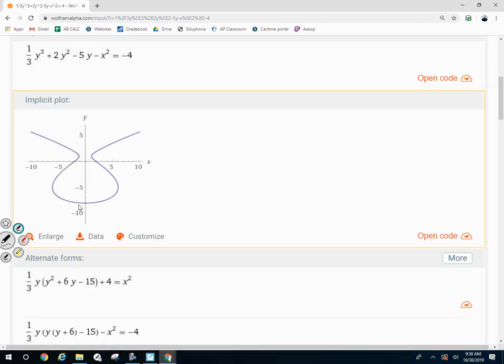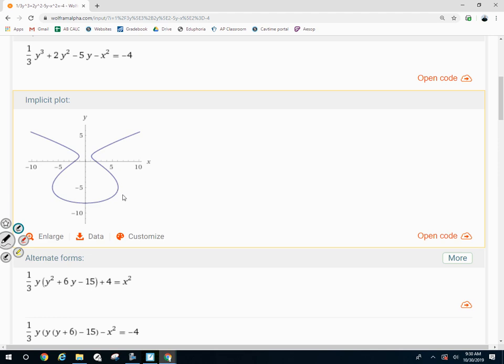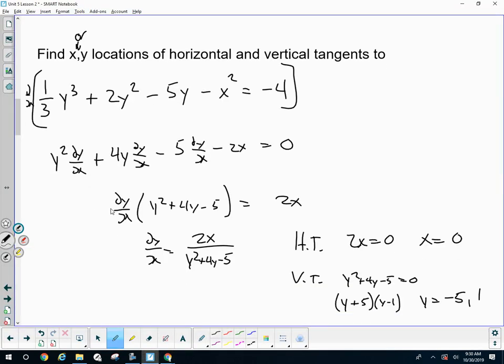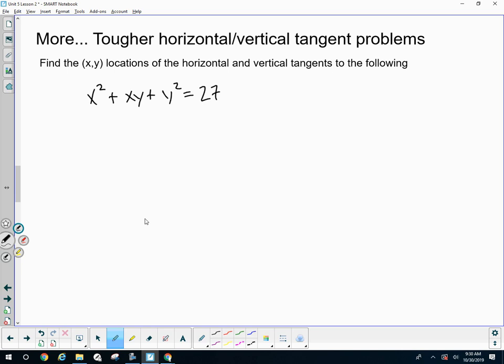And you can see a horizontal tangent at x equals 0. We'd be able to find that y coordinate. Vertical tangents here when y is 1 and when y is negative 5. So there's my vertical tangent here, there's my vertical tangent here.